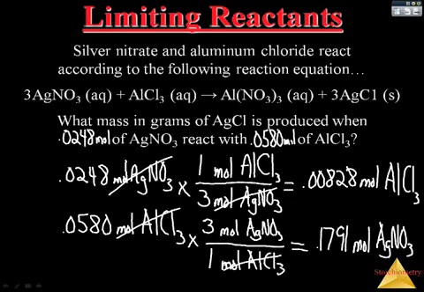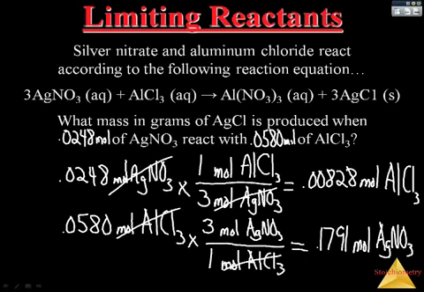From the problem, we know that we have 0.0580 moles of aluminum chloride to start with. If it only takes 0.00828 moles of aluminum chloride to completely react with the silver nitrate, there has to be some left. That means that aluminum chloride is the excess reagent, so the silver nitrate has to be the limiting reagent.